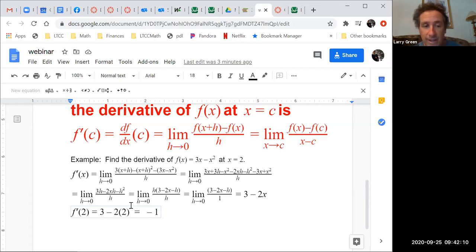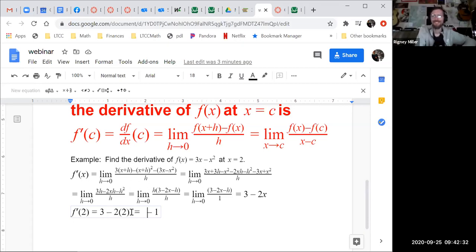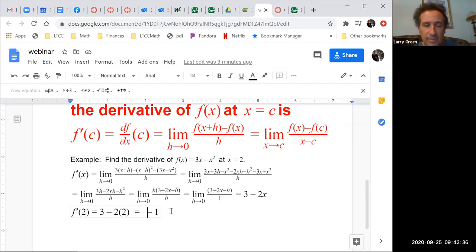So the derivative as a function is 3 minus 2x. The derivative at x equals 2 is -1. Because the function 3 minus 2x at x equals 2 is -1. Does that help? Yes. Yeah, it's kind of abstract, but it is important to get that down.